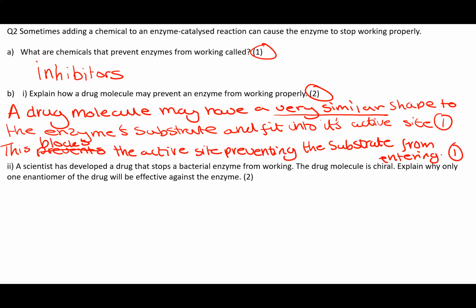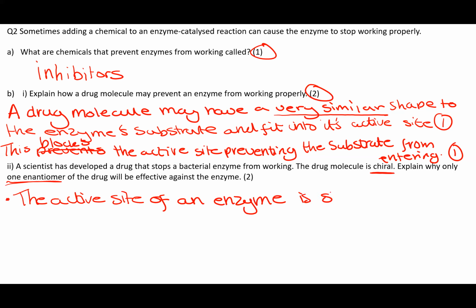And then final part of this question, a scientist has developed a drug that stops a bacterial enzyme from working. The drug molecule is chiral. Explain why only one enantiomer of the drug will be effective against the enzyme. This is the really important part to start off with marks, is this key fact. The active site of an enzyme is stereospecific.